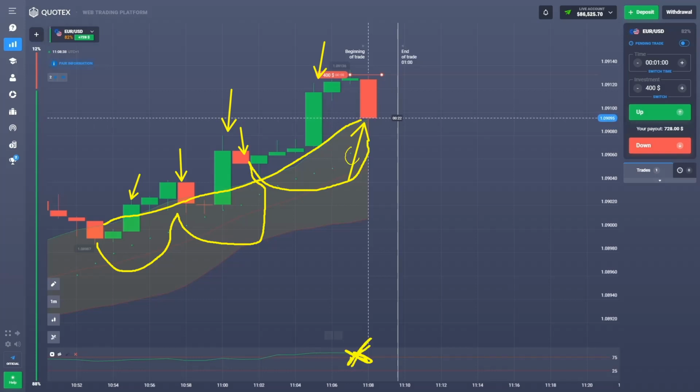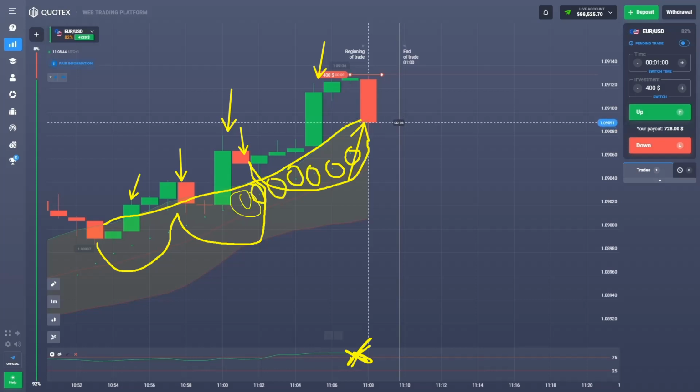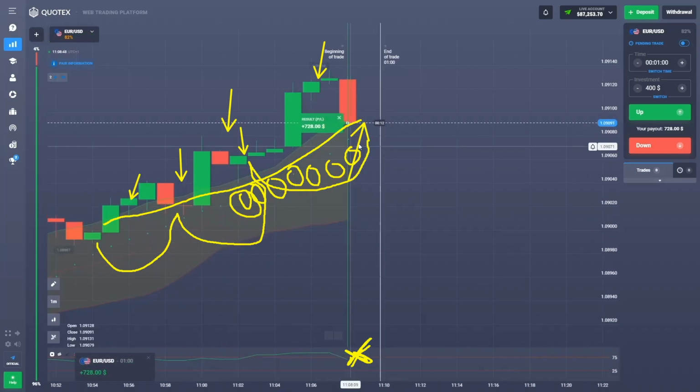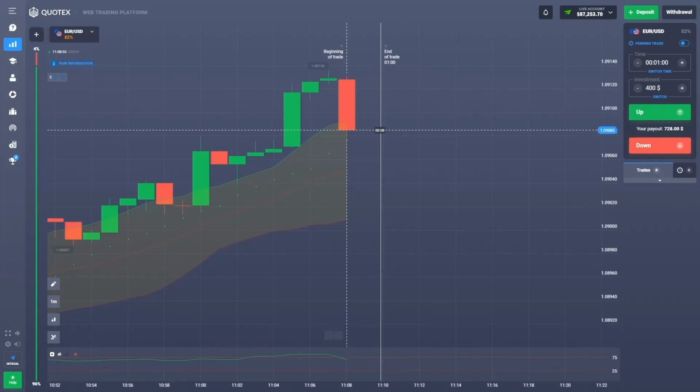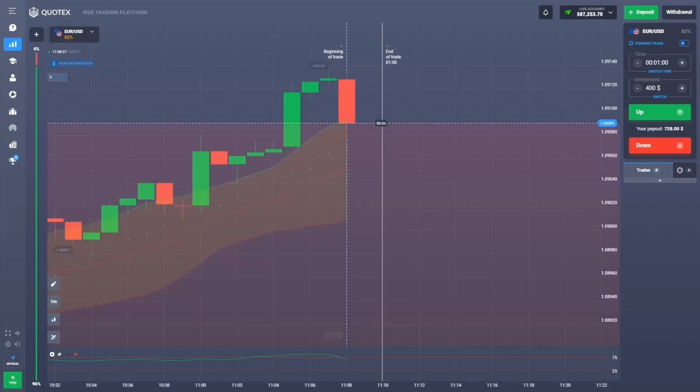The RSI, the parabolic SAR. Yep, another win. Yeah, I still have more candles.